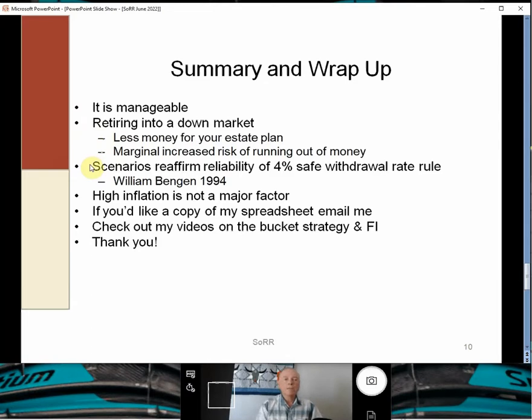As I was saying, the scenarios, and all the different ones I did but didn't share with you, reaffirm the reliability of the 4% safe withdrawal rate rule. And just as an FYI, the safe withdrawal rate rule of 4% was created by a guy named William Bengen in 1994. And he recently came out with a quote where he said that the safe withdrawal rate really could be 4.7% as opposed to 4%.